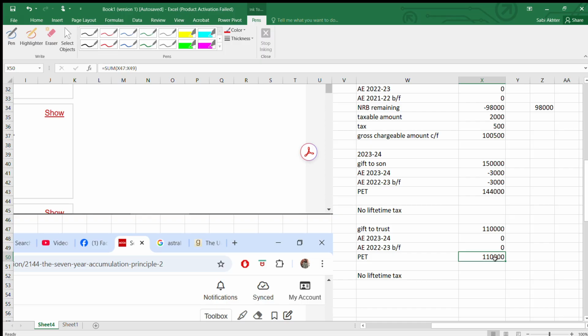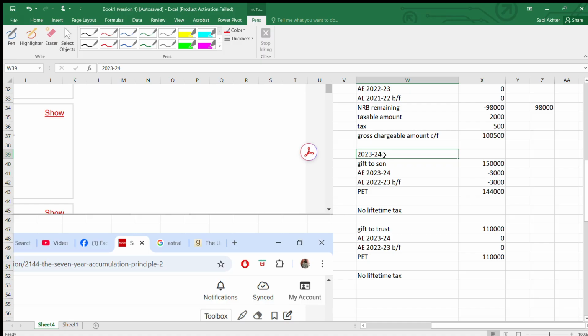Now, most of you might make this mistake thinking the nil rate band is not available. That's why after every gift you have to go 7 years back. So from 2023-24, go 7 years back. It's 2016-17.